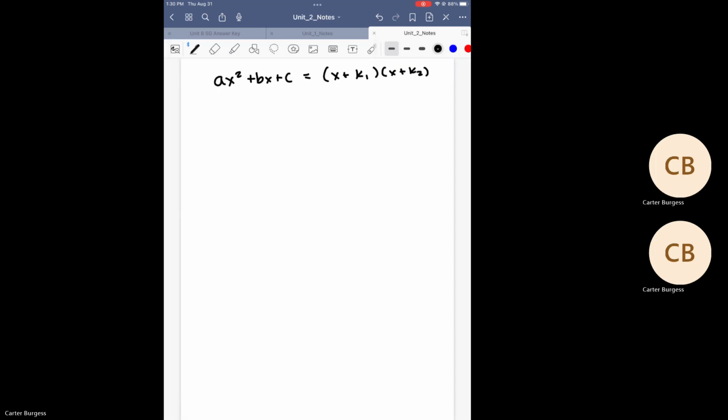So exactly like before, we've got this useless information. How can I use this useless information in order to find these 2 zeros or these x-intercepts? So multiplying out, doing this Punnett square, again, you're more than welcome to attempt this on your own. But what I end up with is x squared plus k1 plus k2 times x plus k1 times k2.